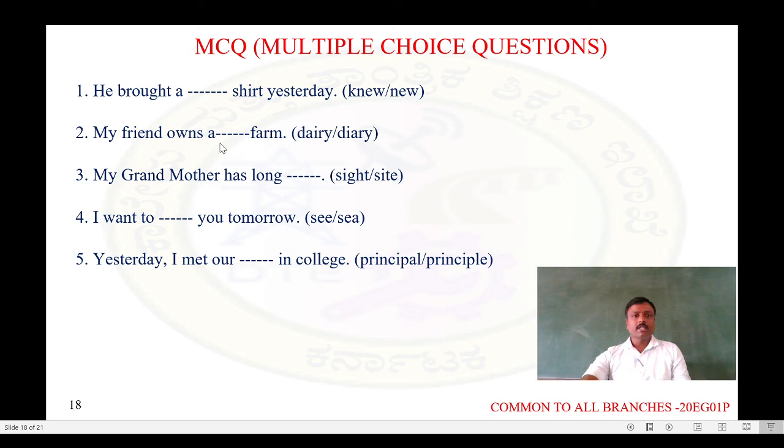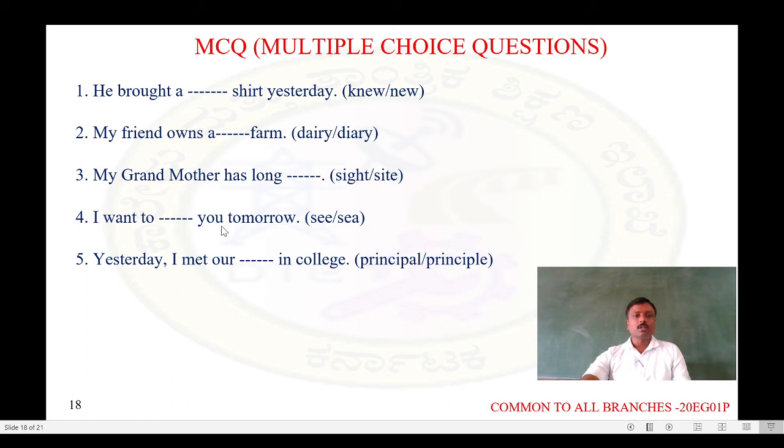My friend owns a dash farm. D-A-I-R-Y or D-I-A-R-Y. Here D-A-I-R-Y, the first one, is the right answer. My grandmother has a dash sight. I have already mentioned S-I-G-H-T, sight, means Drushti. S-I-T-E, site, means location. Here S-I-G-H-T, sight, is the right answer.